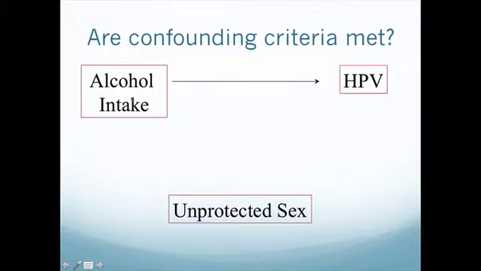What you start to think about is that maybe the way the world works is that higher alcohol intake increases your risk of unprotected sex, and that then increases your risk of HPV. If that's the case, then you don't want to treat unprotected sex as a confounder. You'd want to treat it as a mediator and not take away the amount of association attributable to unprotected sex. So I would say no. In this case, unprotected sex is a mediator of our association between alcohol intake and HPV.